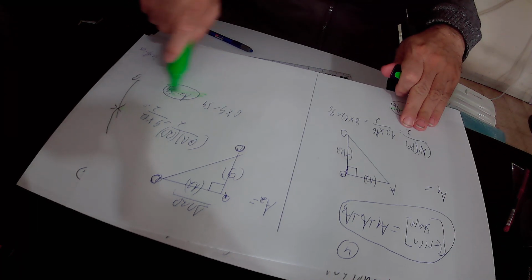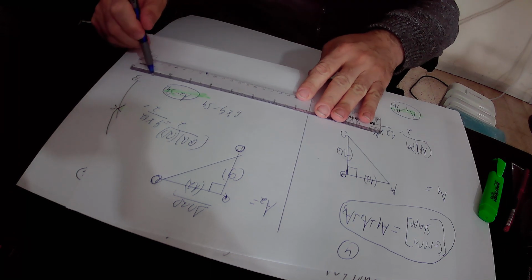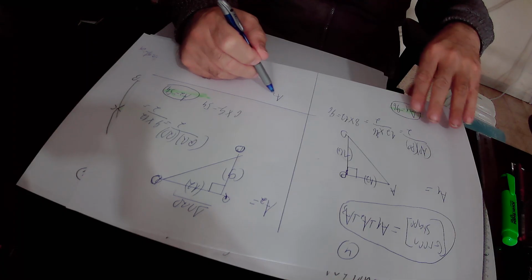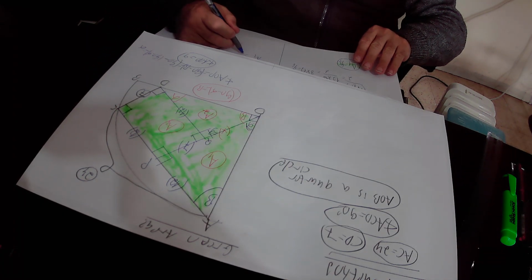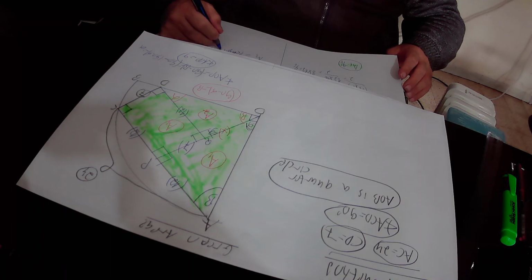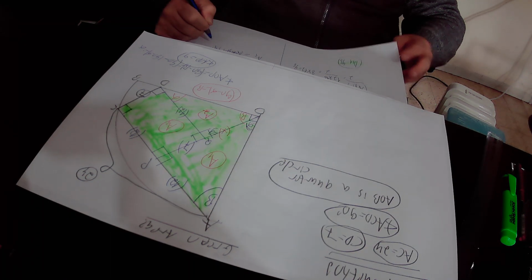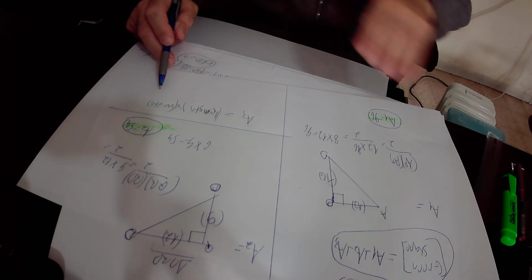And finally, we find the value of A3. A3 is the area of rectangle PCDQ. The area of any rectangle equals the length of the rectangle times the width.